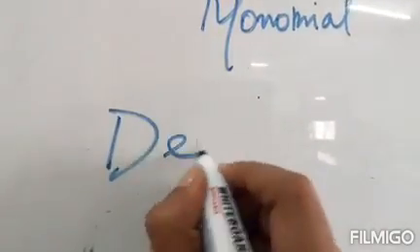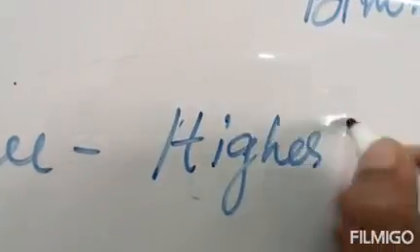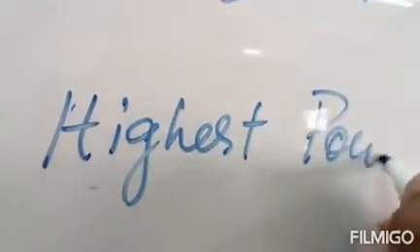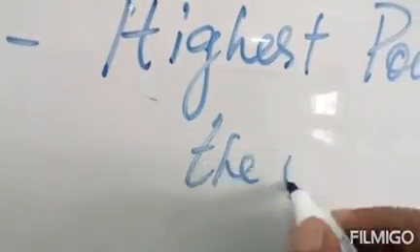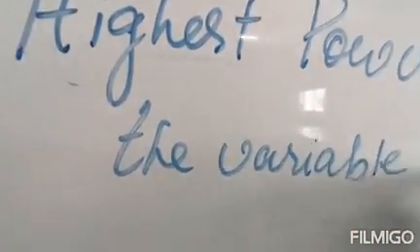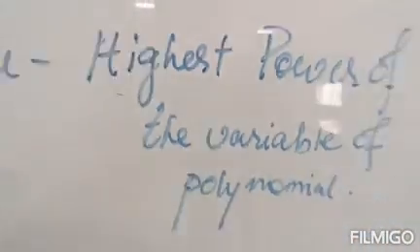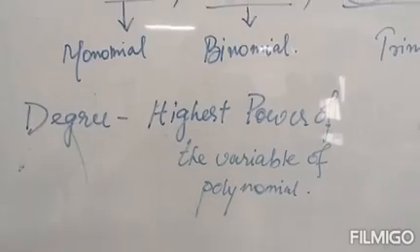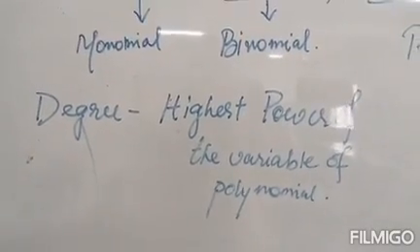Degree of a polynomial is the highest power of the variable of polynomial. Now see, what is the highest power of the variable? That will be the degree of the polynomial.